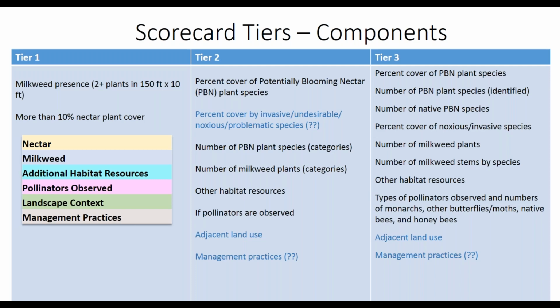And we kind of corroborated the metrics that we started out with this summer in the 2018 pilot testing, with maybe a little bit of discussion about how to handle adjacent land use, which is beyond our control, and management practices.